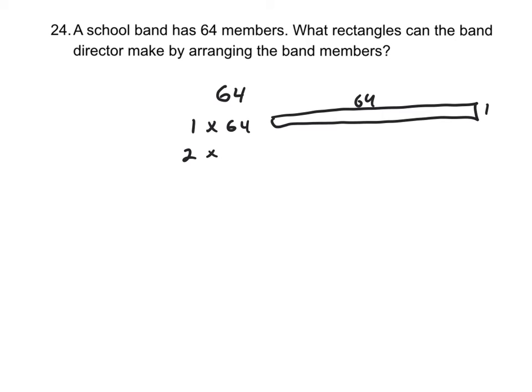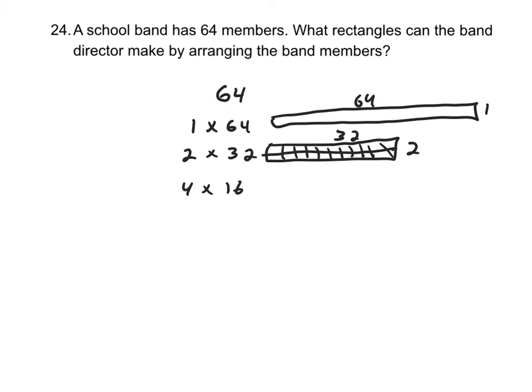2 times 32. So you'd have 32 by 2. That probably wouldn't be much better. 4 by 16. It's getting better. And then 8 by 8, which is a square, because 64 is a square number.